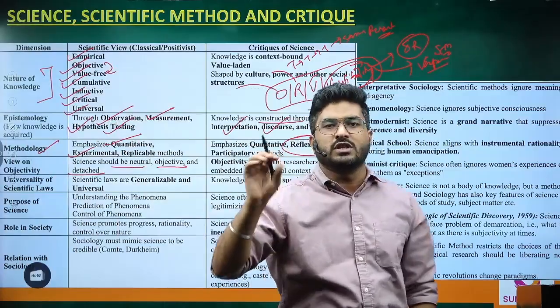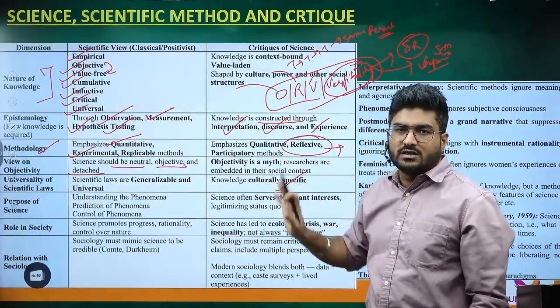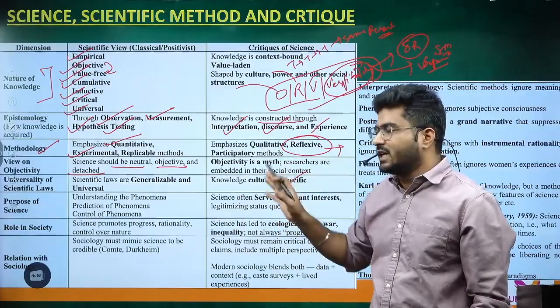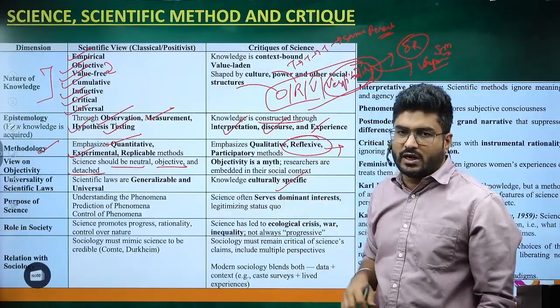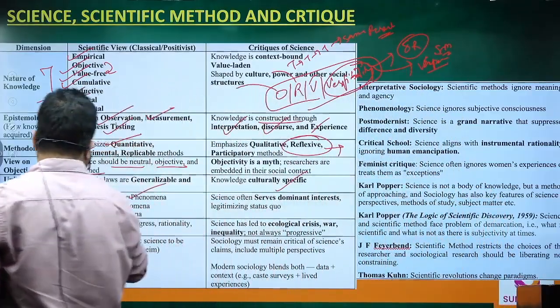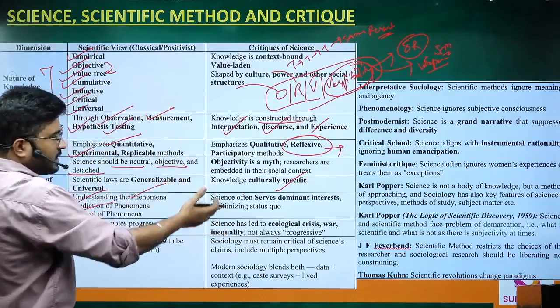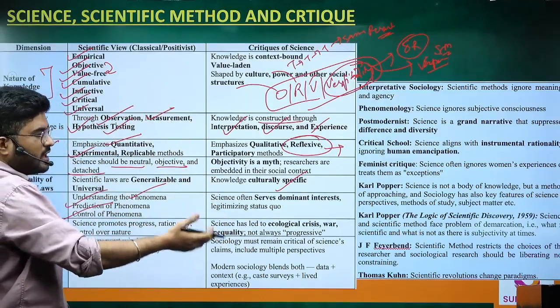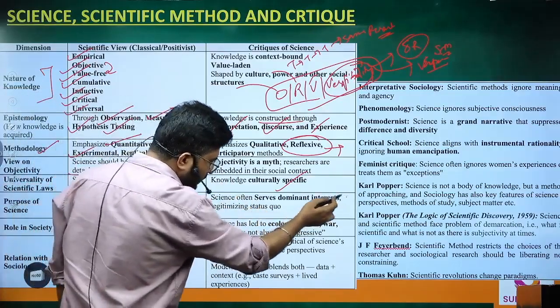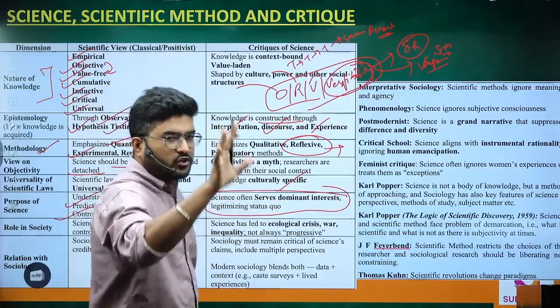They always look for generalization, whereas it cannot always be generalized. We will see an example of how Karl Popper criticizes it. Then what is the purpose of science? Understanding the phenomena, prediction of phenomena, control of phenomena. The same serves as social science. The positive school of thought wants that, but for conflict theorists or modernists, science often serves dominant interests.